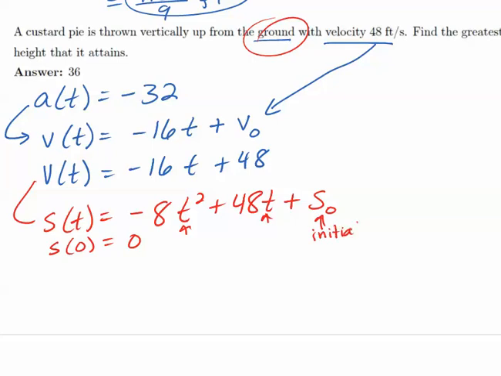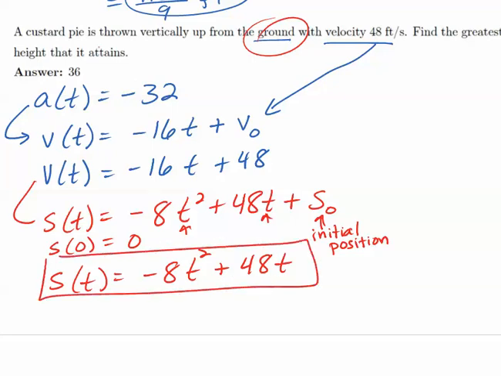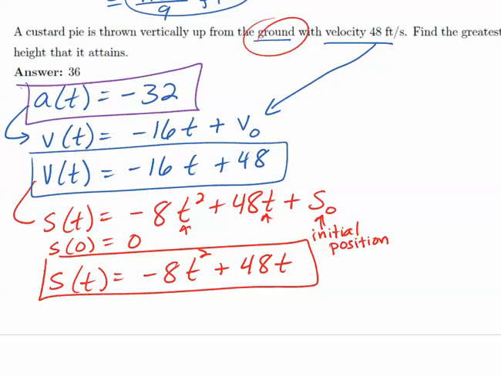When you put 0 in for t, the first two terms disappear. So this is the initial position at time 0. And it is ground level. So that constant would just be a 0. So this is our position function, and this was our velocity function, and we started out with an acceleration function.